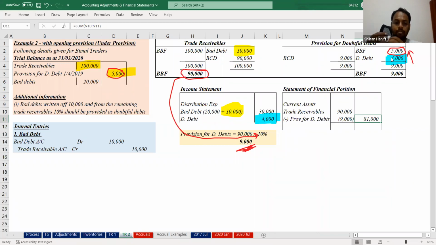Okay. So you understood how we calculated the under provision? 9,000 minus opening provision. Opening provision is 5,000. So the difference is 4,000. See the entire process, all the information from the trial balance we have taken only once.